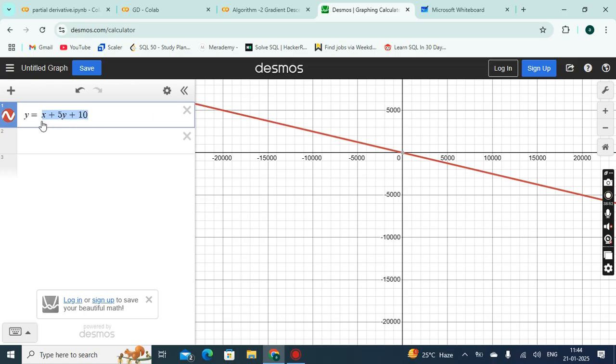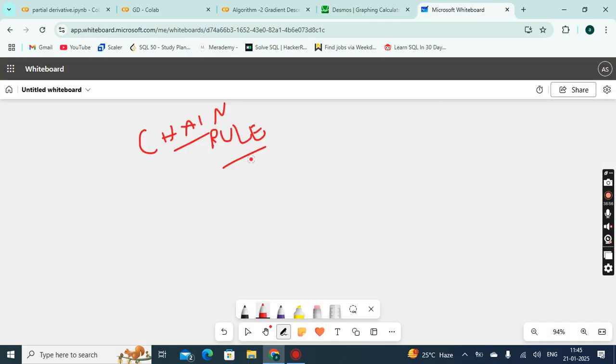So now imagine this is a line. How do you work on that? Basically, I'm saying that a function with a function is what is solved through chain rule.